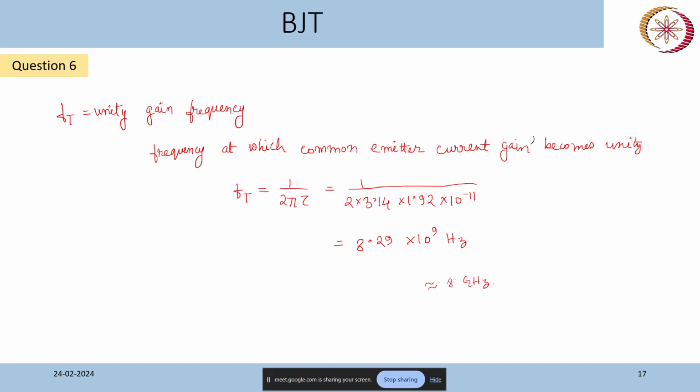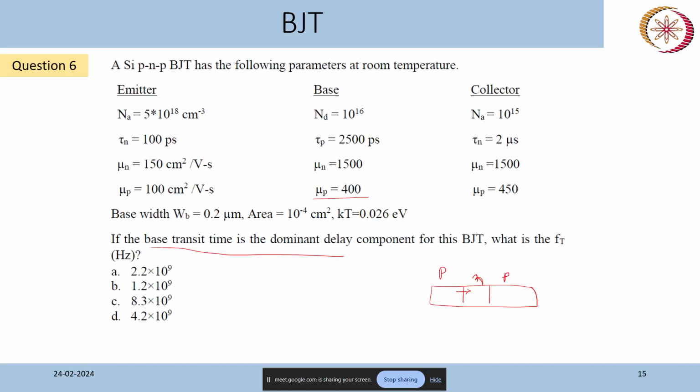So this BJT with these parameters can be used up to 8 gigahertz reliably. After that the gain decreases. So the answer is C.